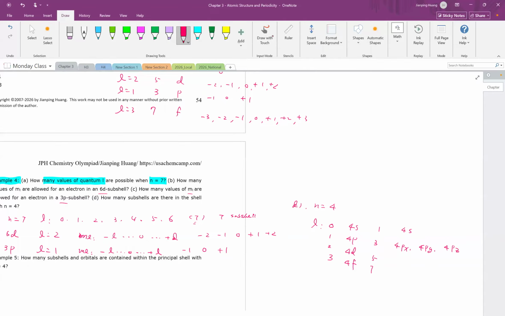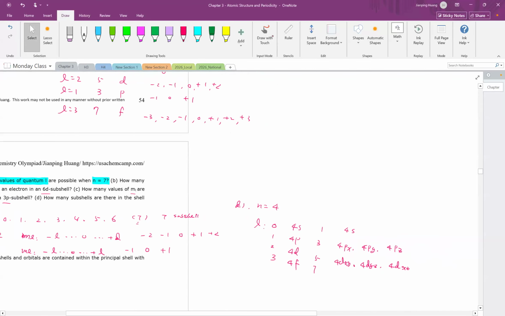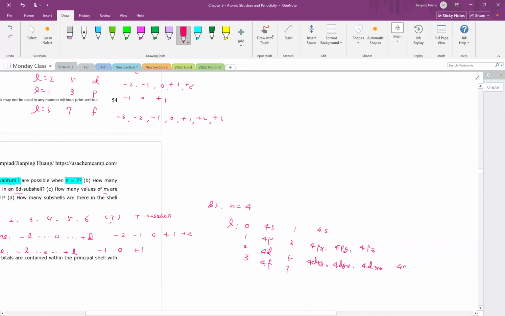Now for d, it's 4dxy, 4dyz, 4dxz, 4dx squared minus y squared, 4dz squared.